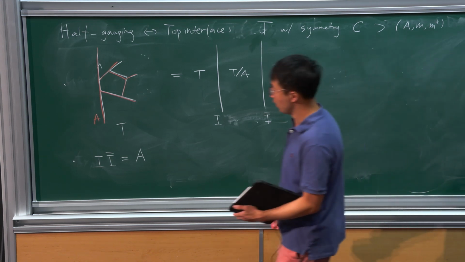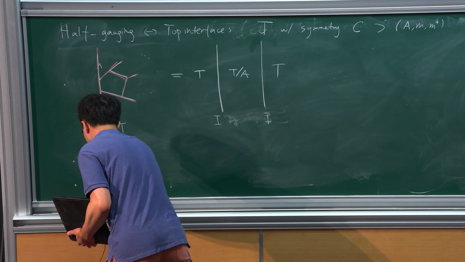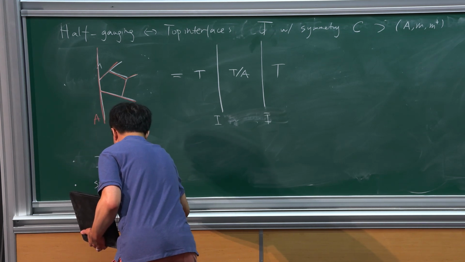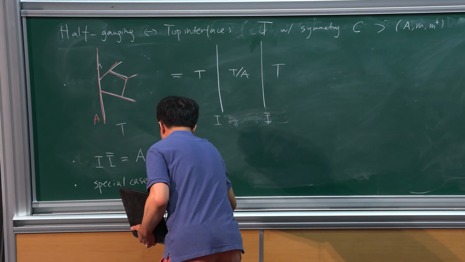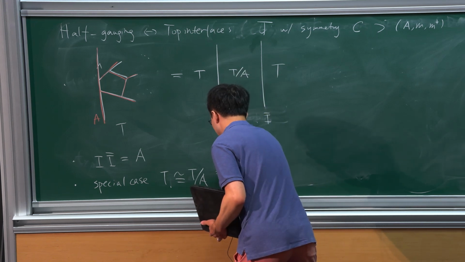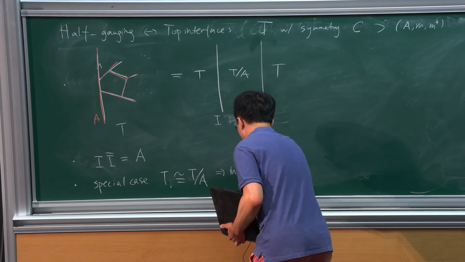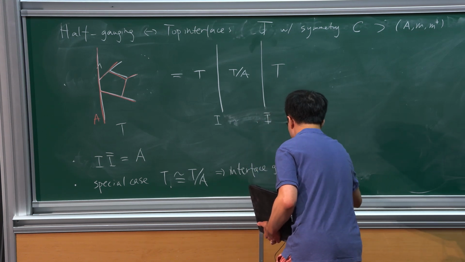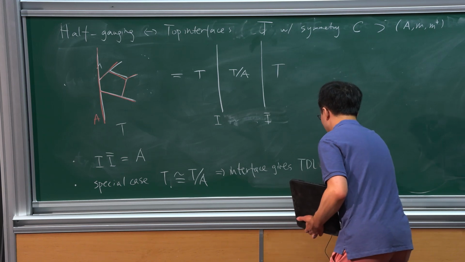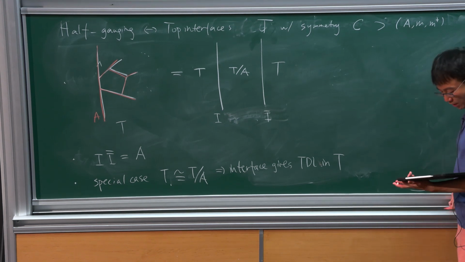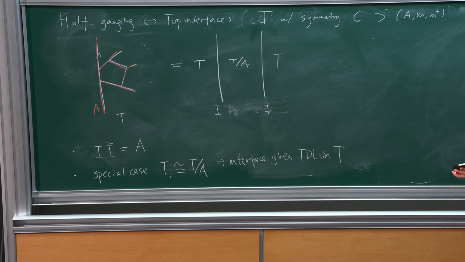In the special case where the theory is isomorphic to its gauged cousin, the corresponding interface gives a topological defect line in the original theory. This is one way you can discover new non-invertible symmetries by playing with generalized gauging, and that has been studied in various papers.